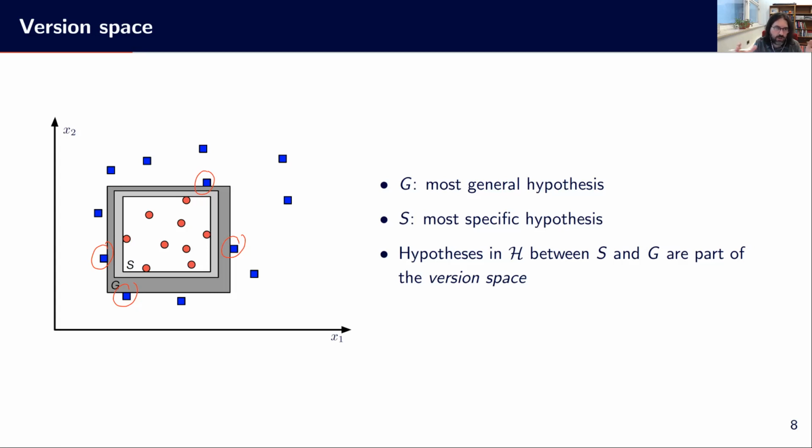So it is the most general one. We cannot go on with a bigger box. Likewise, we have S, which is the smallest possible box, really close to four samples on the four borders or sides of the box. So we cannot be smaller than this while keeping an accuracy of 100%.